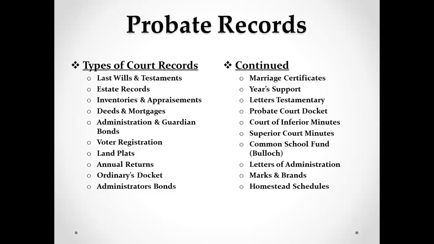And that's actually very interesting. It's a list from the 1840s to the 1860s of who paid for their children's tuition to go to school. So it lists the children's birth dates as well, typically. Letters of administration, marks and brands, and homestead schedules. So that's a great variety of records.